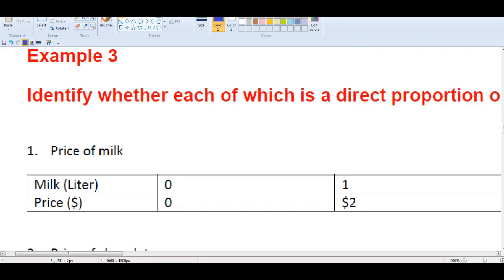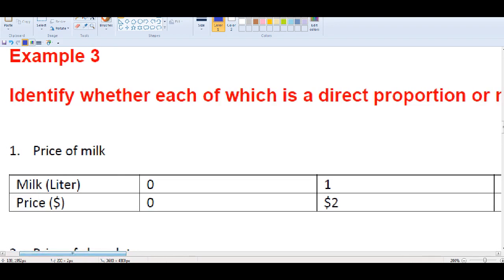For example, price of milk. When we buy milk, it's about how much per 1 liter, right? If you are not going to buy any milk, then the price will be 0. So 0 liters of milk, then the price will be 0. If you want to buy 1 liter of milk, then the price is $2. I just made up the numbers randomly.